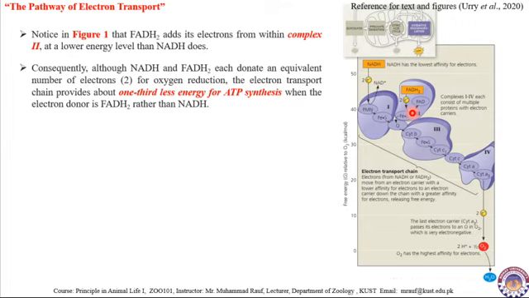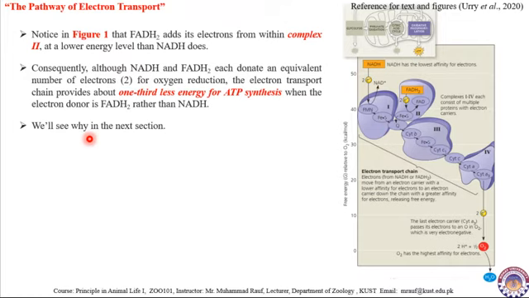That's why their ability to help in the synthesis of ATP is different. The chain provides about 1/3 less energy for ATP synthesis when the electron donor is FADH2 rather than NADH. Why? Because of their entry into the chain.